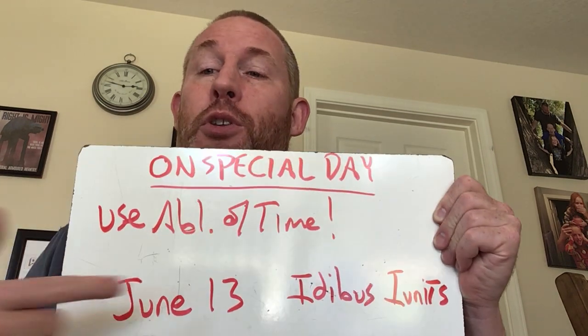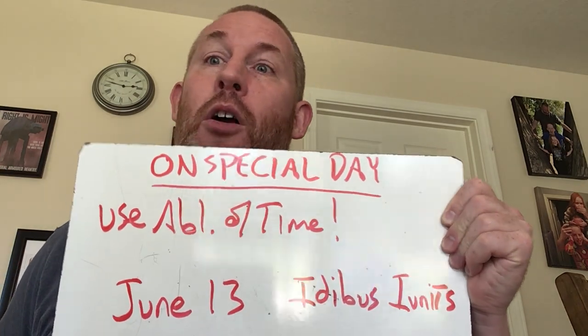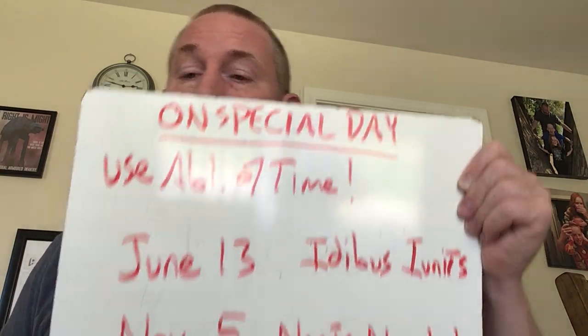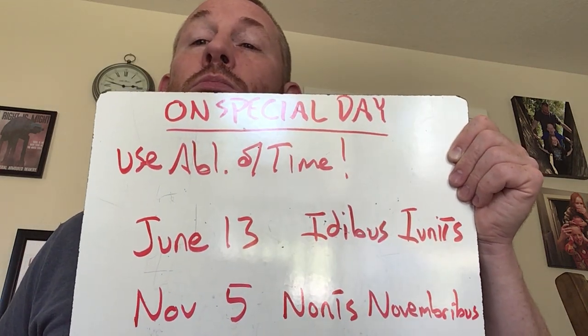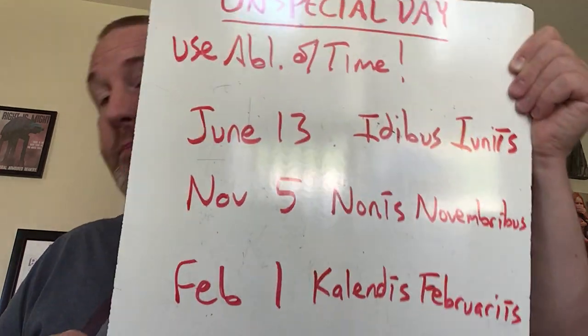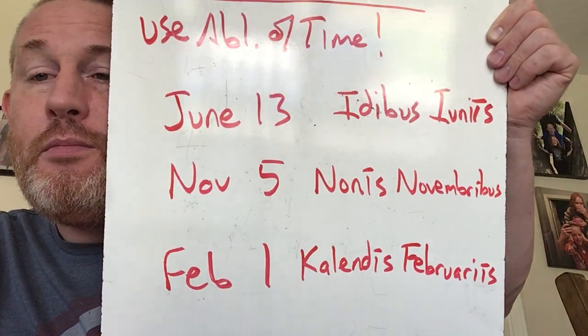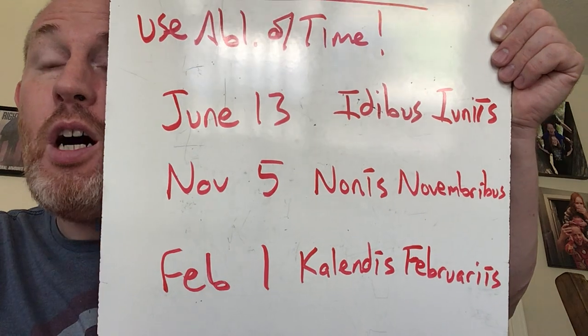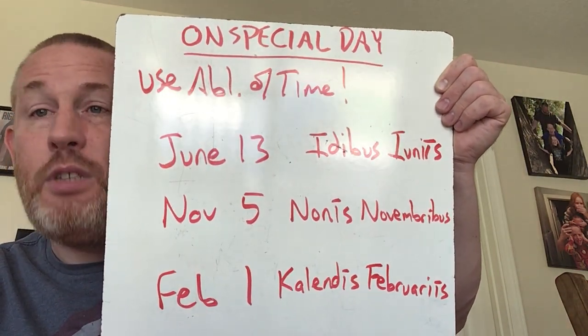So June 13th is on the Ides, therefore use the ablative of time when. And all of these special days are plurals. November 5th is Nonis Novembribus, on the special day. February 1st is Kalendis Februariis, on the 1st. On the special day, use the ablative of time.